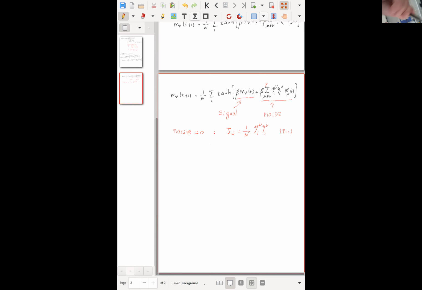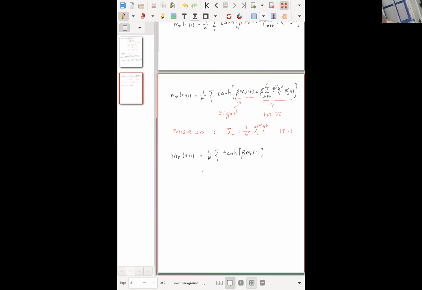In that case, we have m nu of t plus 1 equals 1 over n, the sum on i of tanh of beta m nu of t.